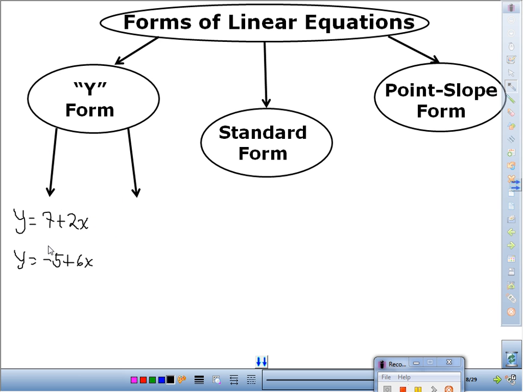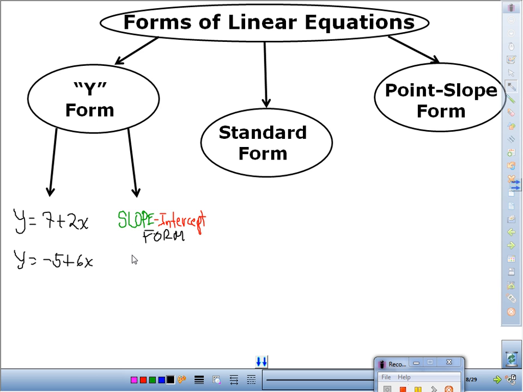So, we've seen these, right? We've been doing these. However, I'm asking you to rewrite them in a certain way. Is that correct? Yes. So that has a specific name. Underneath the other branch for the Y form, I want you to write slope intercept form.